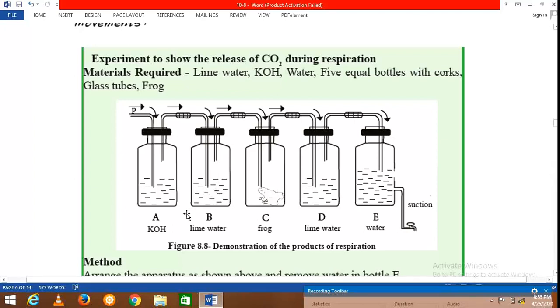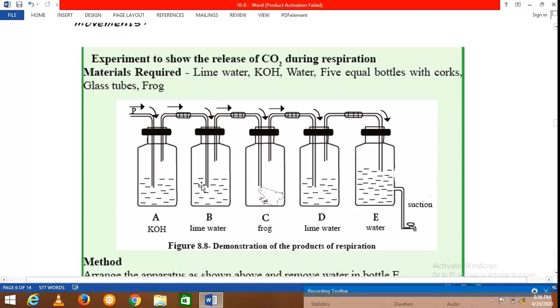If you can remember, in grade 6 also you have learned that colorless lime water is used to identify carbon dioxide gas. Once carbon dioxide gas reacts with colorless lime water or calcium hydroxide, it forms calcium carbonate and water. As calcium carbonate particles get suspended, this turns milky color.